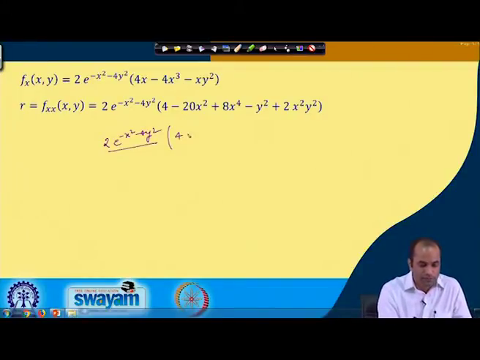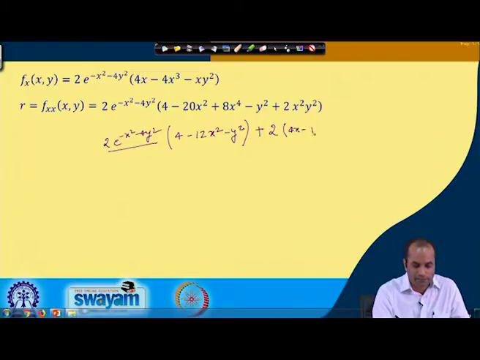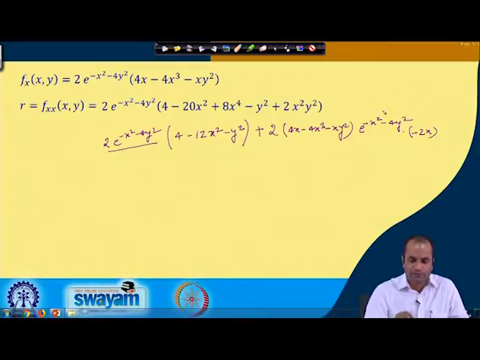That will be 4 minus 12x² minus y² with respect to x, and then plus 2 times again this term, which remains, 4x minus 4x³ minus xy², and we will differentiate the first term, which will be e to the power minus x² minus 4y², and then minus 2x when we differentiate minus x² minus 4y².